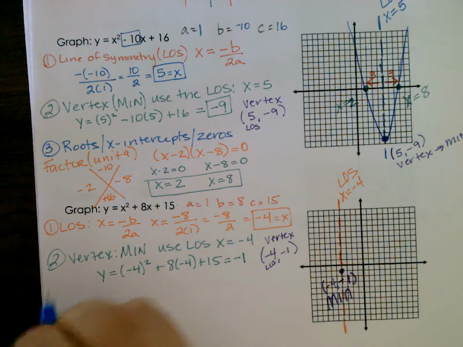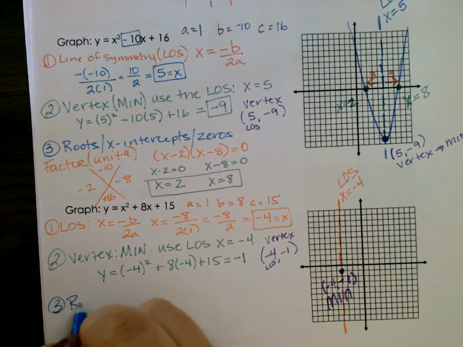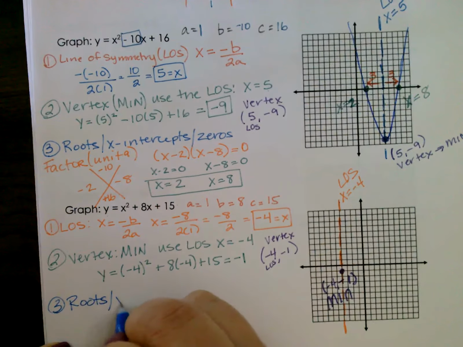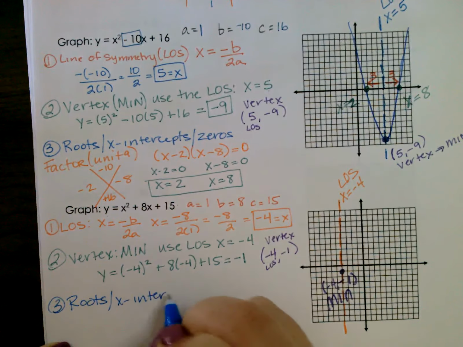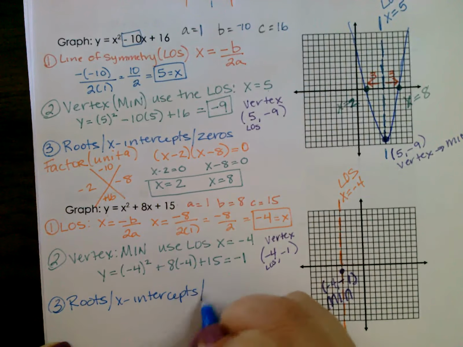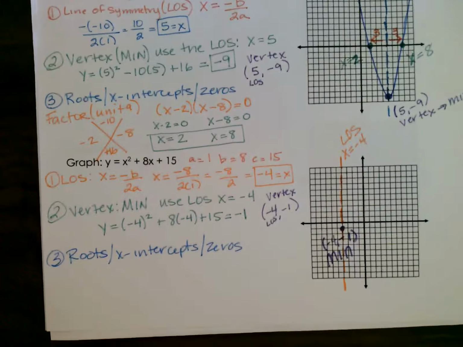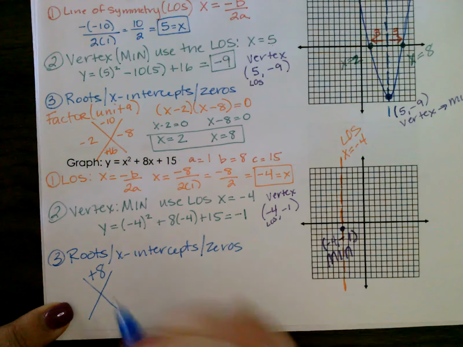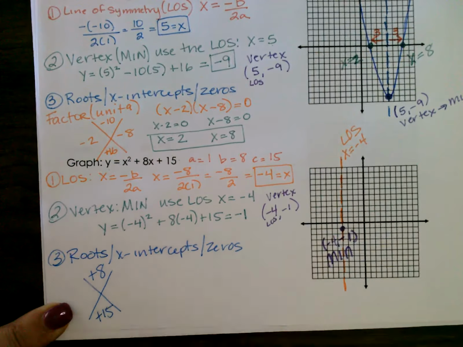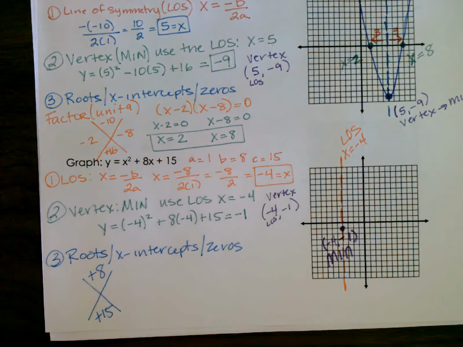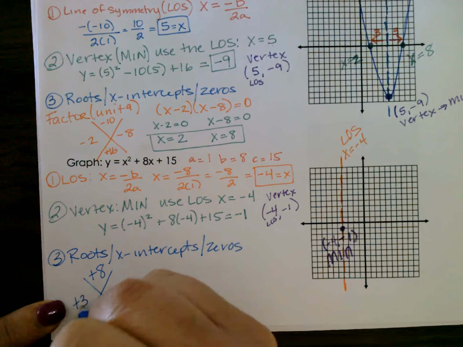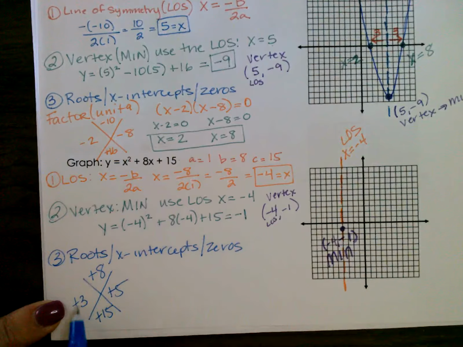Our next step is we're going to find the roots, which are known as the x-intercepts and sometimes called the zeros. Well, because A is 1, I need to find two numbers that add to 8 but multiply to 15 at the same time. That would be a plus 3 and plus 5.